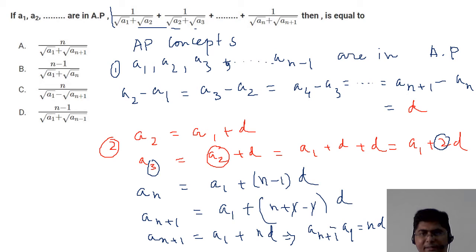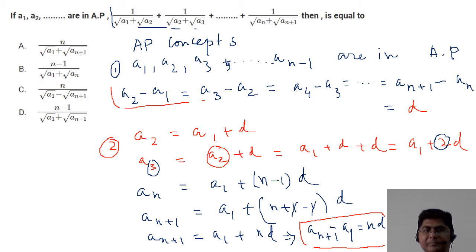So let us note this formula. So this much we have derived. Once again, a(n+1) minus a1 is equal to nd. Correct? Fine. Now let us proceed with these relations.